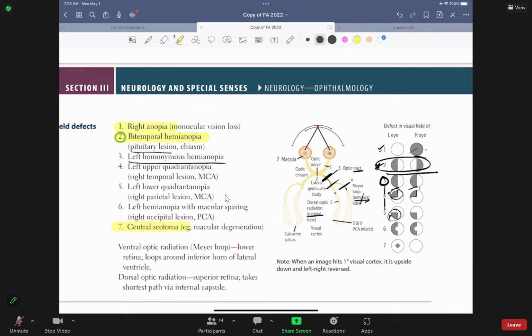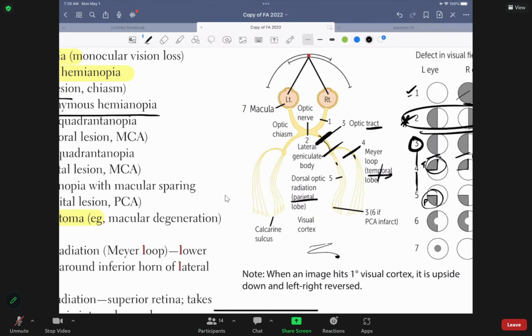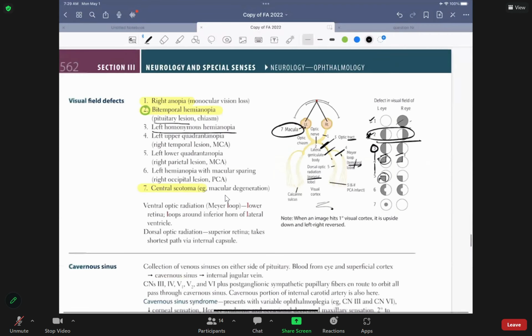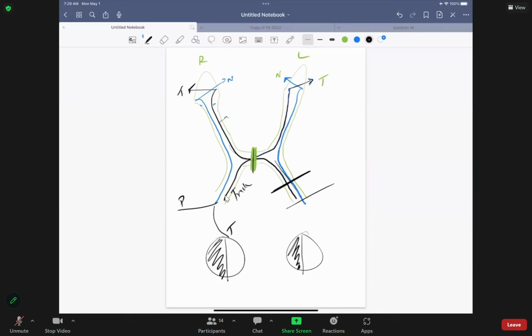Everybody's looking at numbers all the way back. So number 7 is here. Okay. Number 7 is here inside. So those are the best way to remember it. So that's your visual field effects. Okay. The best understanding, you need to know those medial and lateral fibers so you understand them, folks. Any question?